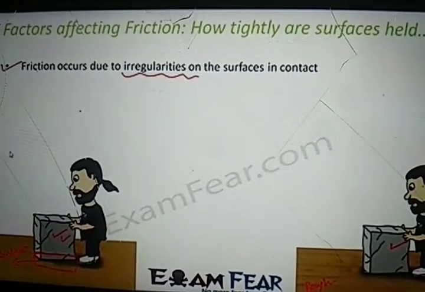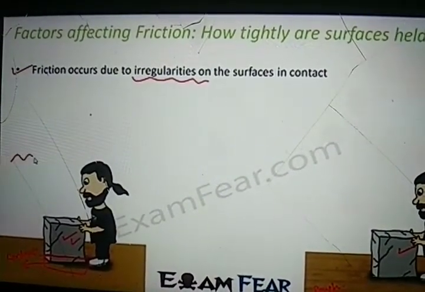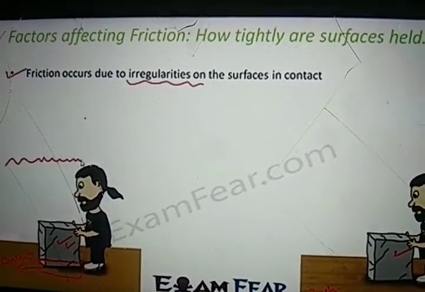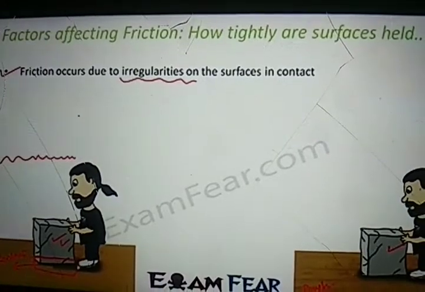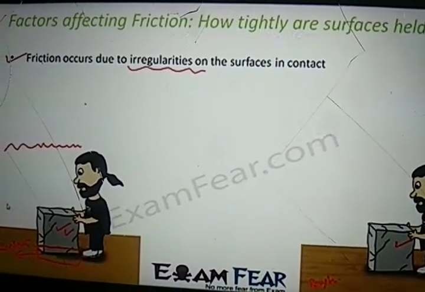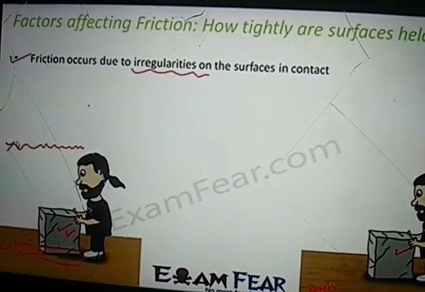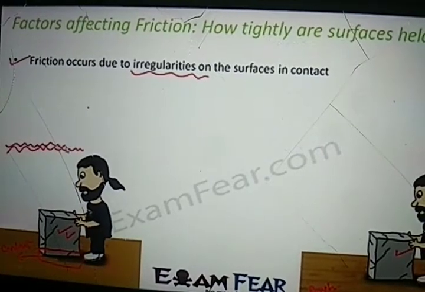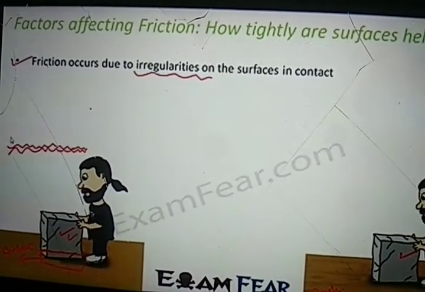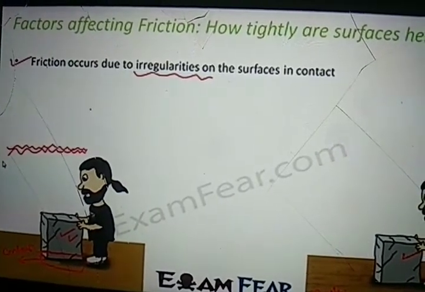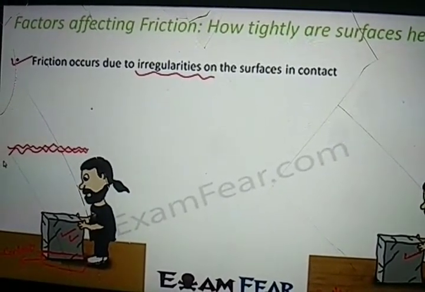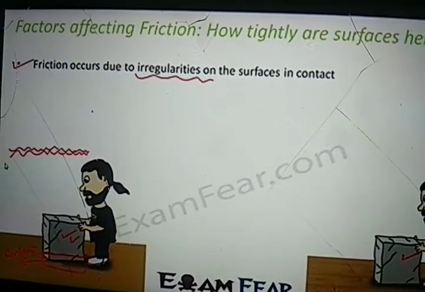You will see that the smooth surface, though it looks smooth, still has some irregularities. And when you look at the surface of the box which is in contact with the smooth surface, that box also has some irregularities like this. These two sets of irregularities join each other, and that's how they come in contact.